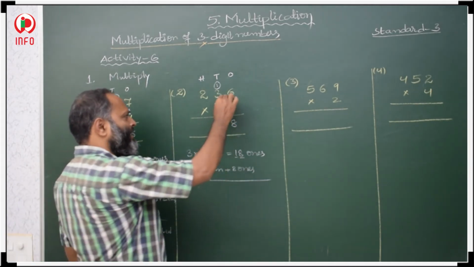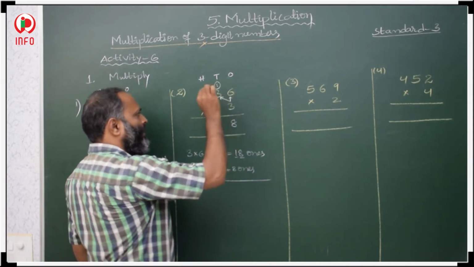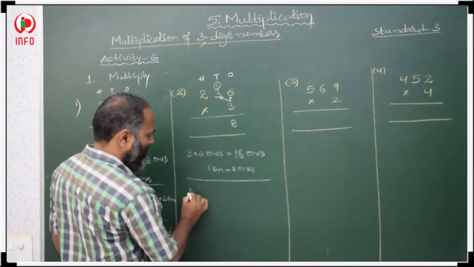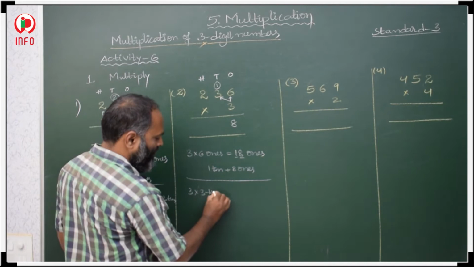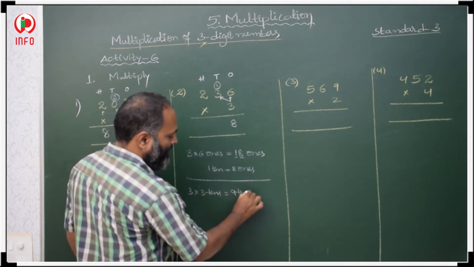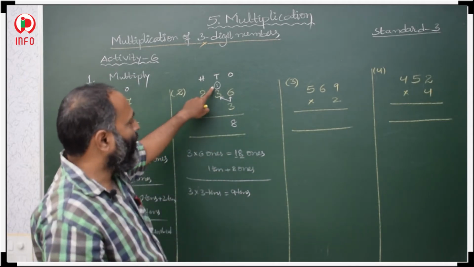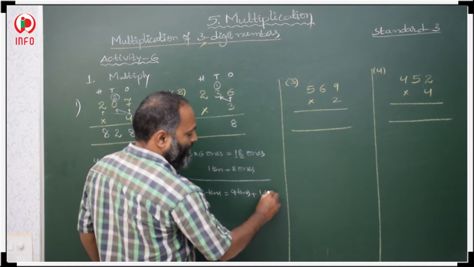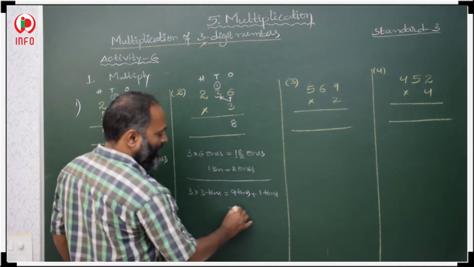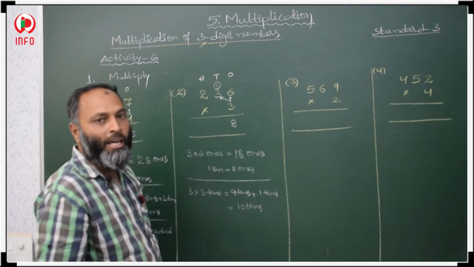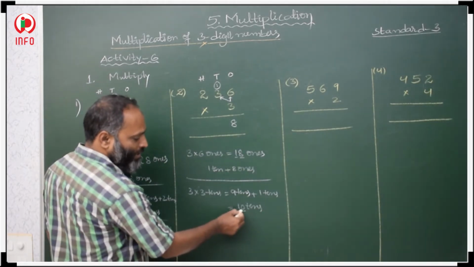Now tens. 3 is multiplied with tens. 3 with 3 tens. 3 threes are 9 tens. And carry over 1 here, so that one we have to add, 1 ten. 9 plus 1, 10 tens. 10 tens means 0 tens, 1 hundred.